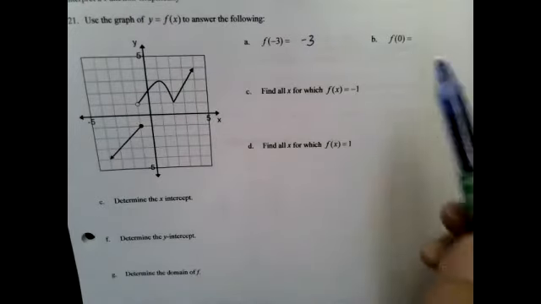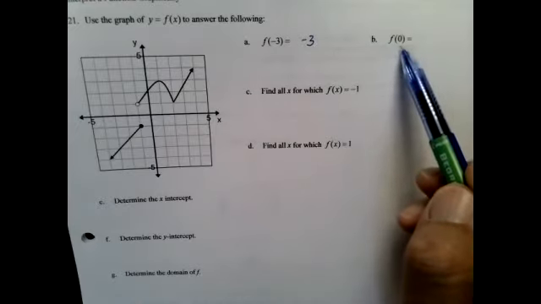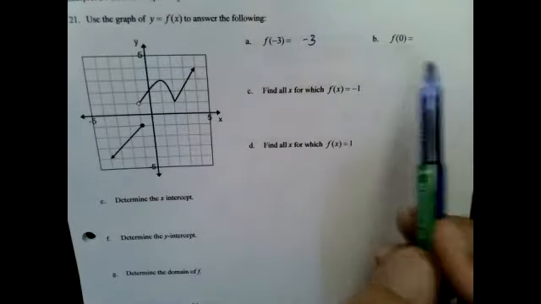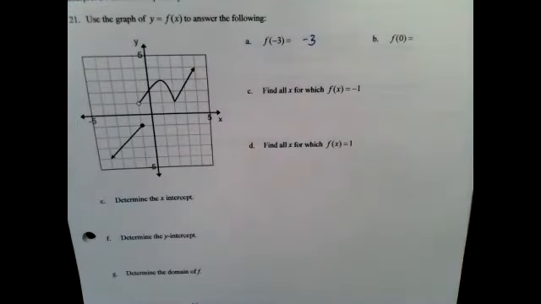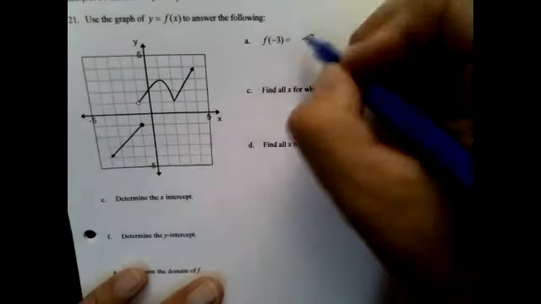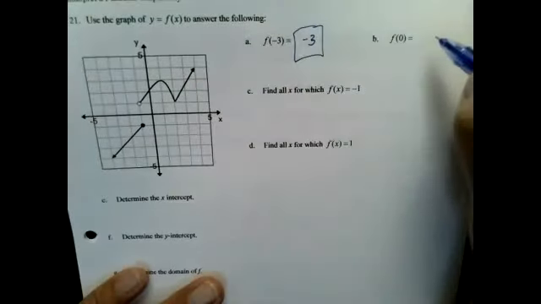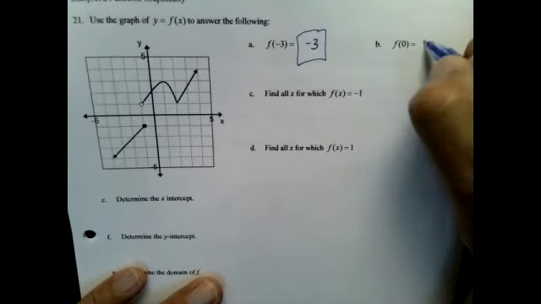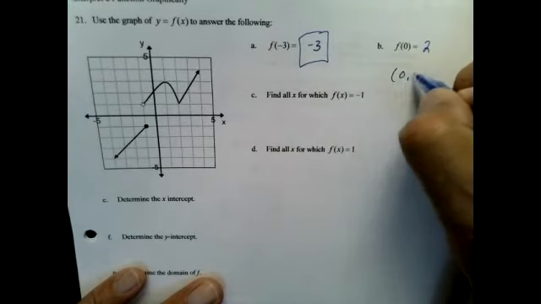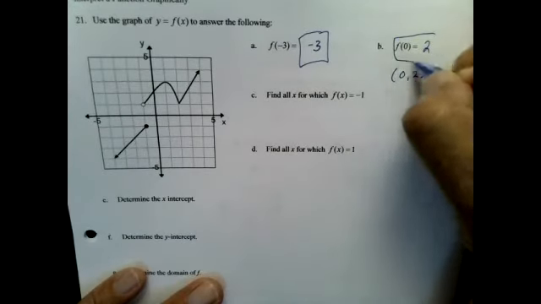If I give you an X value of 0, if X is 0, what's Y? 2, correct. So I would have the ordered pair 0, 2.